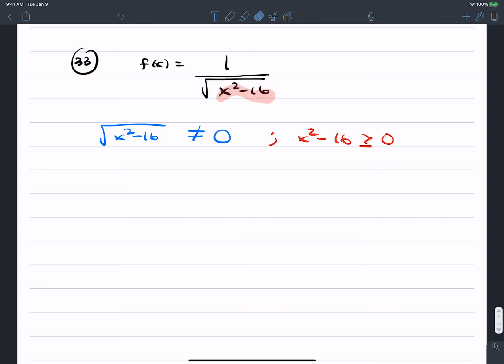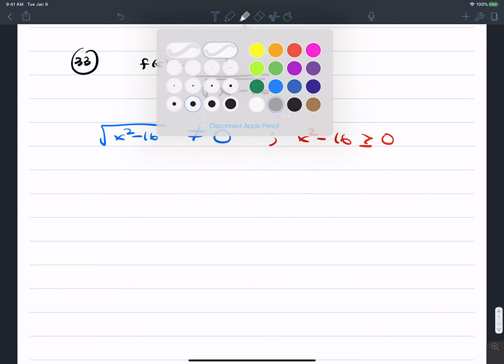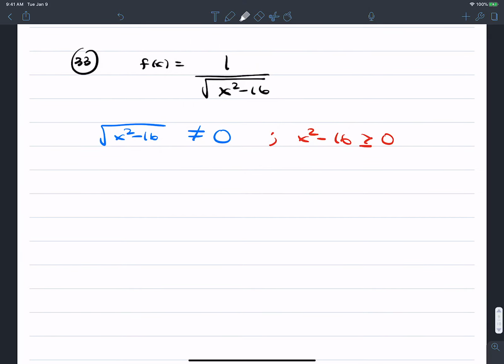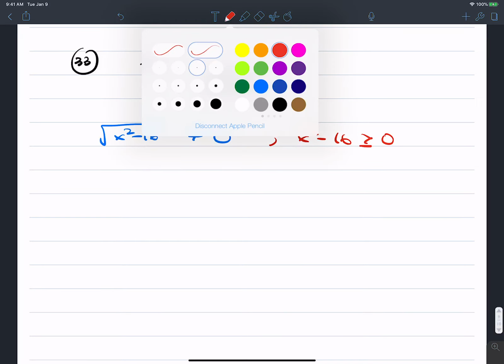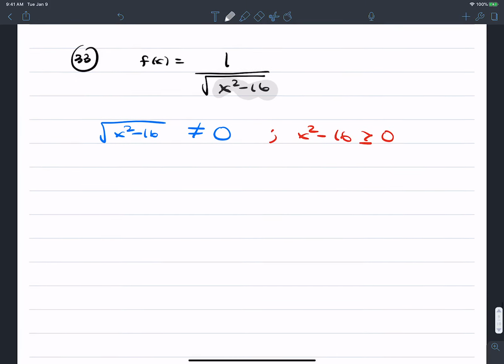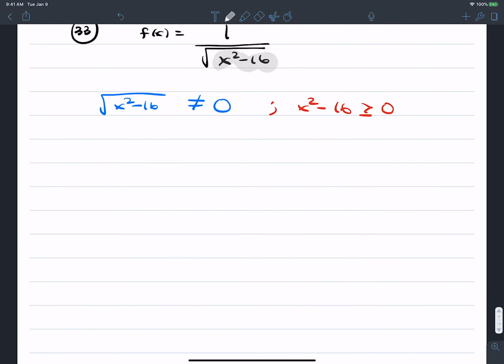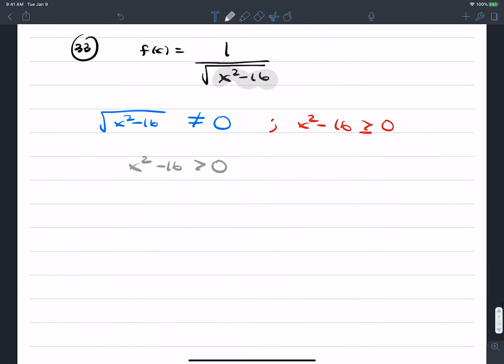Here's the point. When you see the radical in a denominator, what changes now is what's under that radical, the x squared minus 16. This is what you're going to do. X squared minus 16, what's under here, we set to be simply greater than 0.